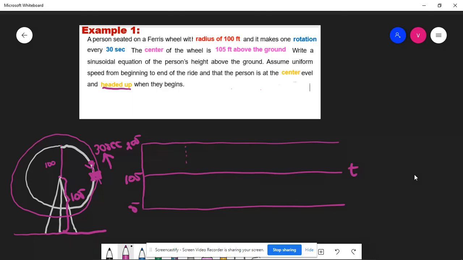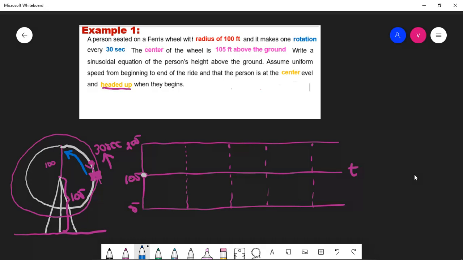So I'm going to break this out into quadrants. So as the person's at the center, they're right here. Let me get another color. They're right here. Okay. And they're moving upward.